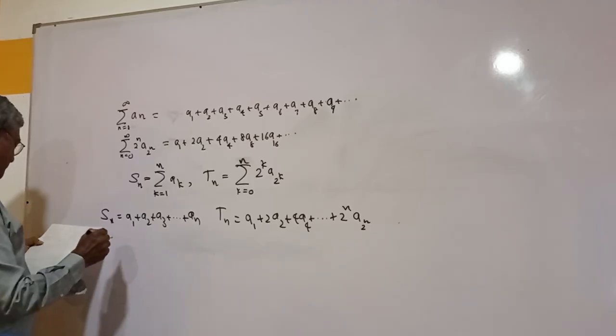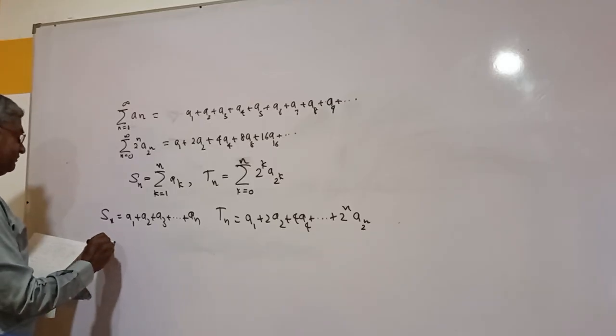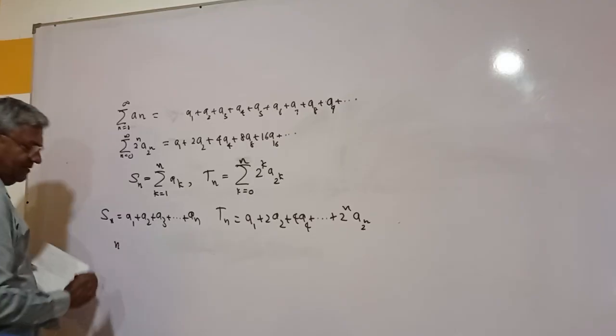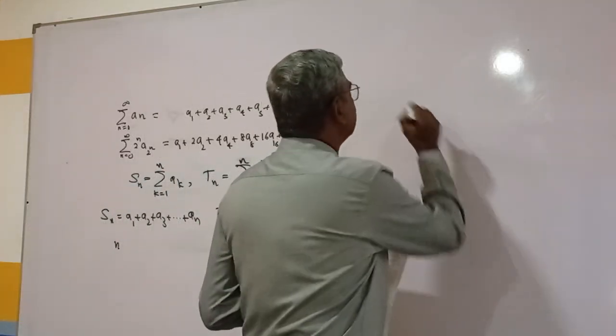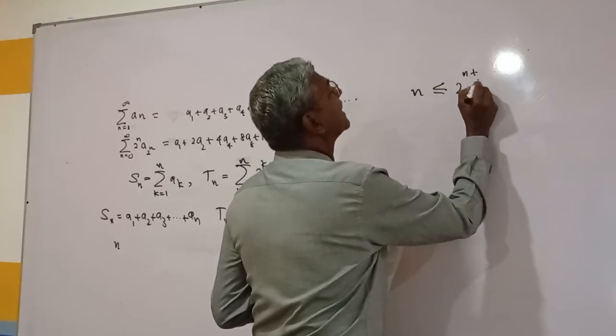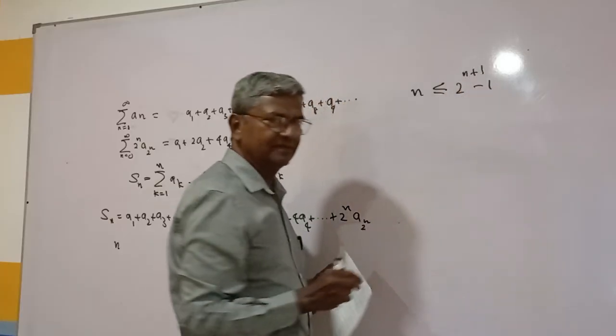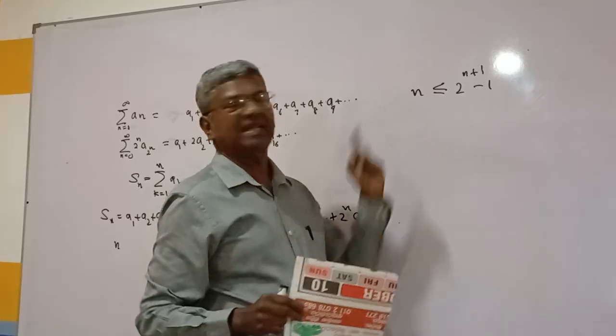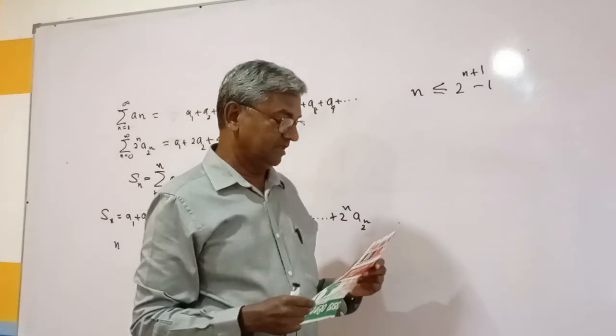Proof is in the book, but I am saying if you take an n, let me write here. n less than or equal to 2^(n+1) minus 1. That is, 2^(n+1) is greater than or equal to n plus 1.